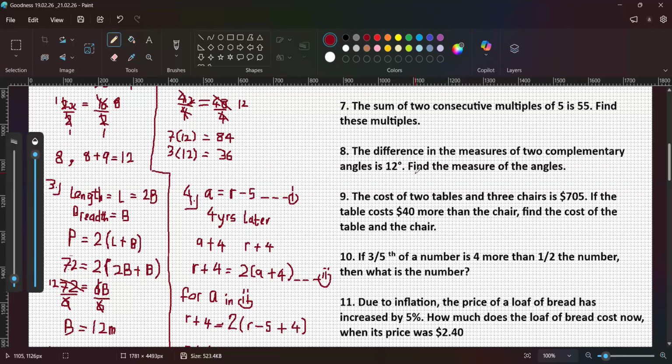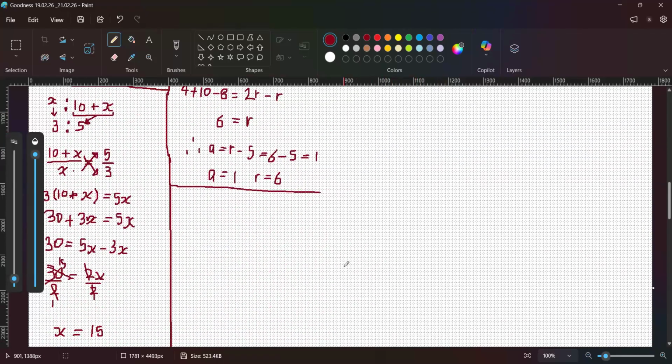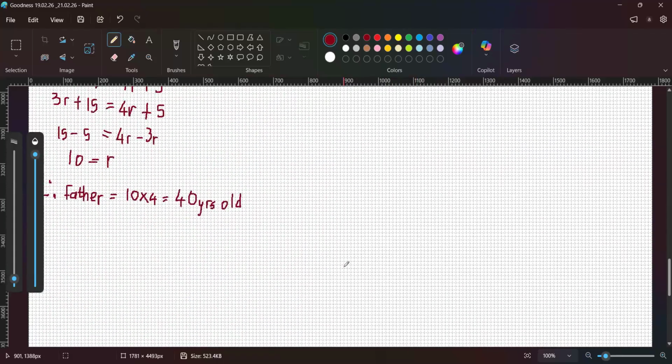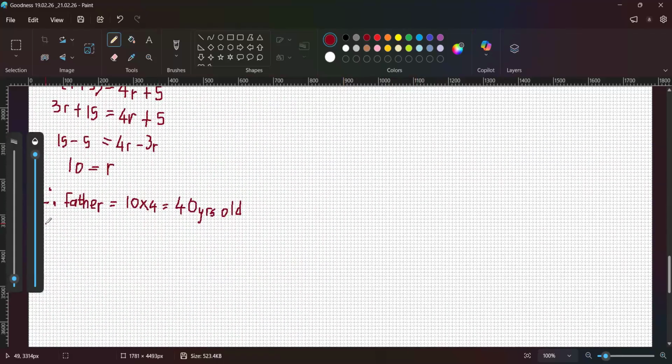Do you agree? Yes, sir. Okay. So this time again, we're not going to use X, we're going to use M to solve this one. That's number 7.